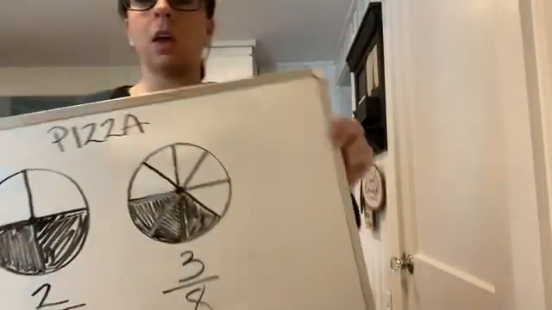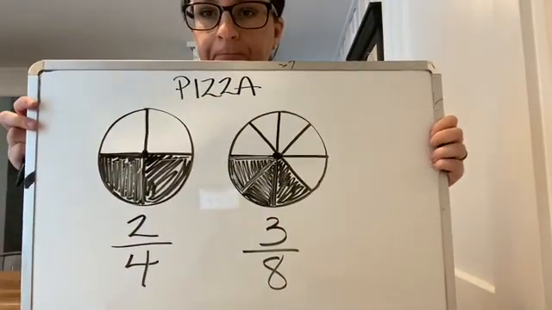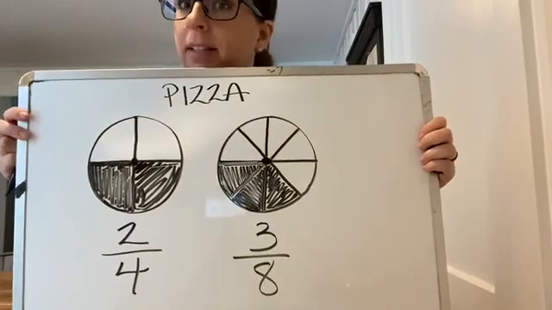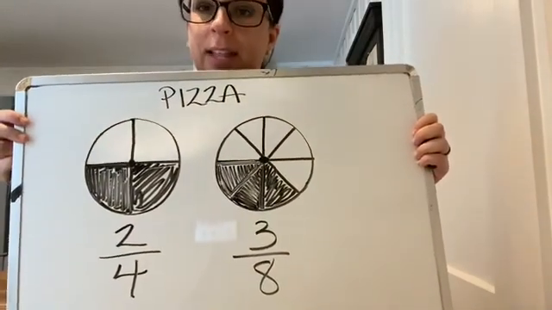Let's see if they are equivalent. So now I have 2/4 and I have 3/8. Is 2/4 equal to 3/8? Well, just by looking at the pizzas, I can tell that 2/4 is not the same as 3/8.